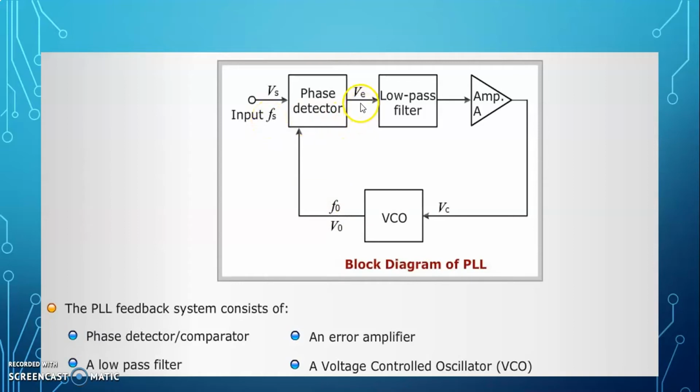Under lock condition, the phase detector output is constant, that is, the phase difference between the input signal and the VCO output signal is constant or zero. Under lock condition, the voltage controlled oscillator produces a stable high frequency output signal.